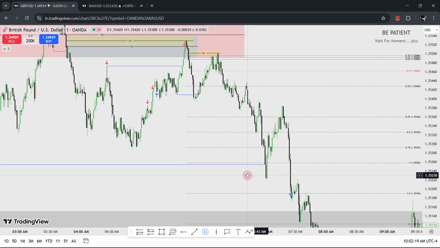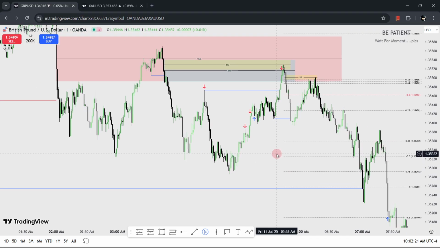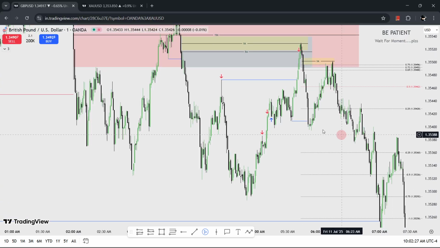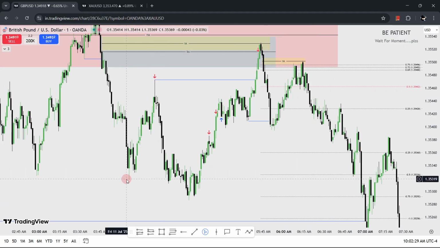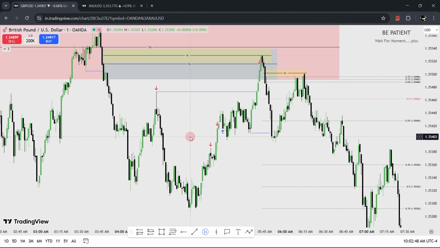And there is something that I told you I would say. After this move and creating this structure shift, I will put some orders up here, from this fair value gap and this breaker. This was the main entry, and I think it was a misclick or something like that.